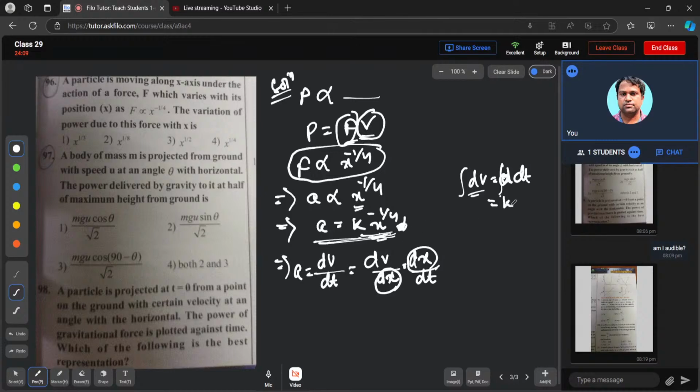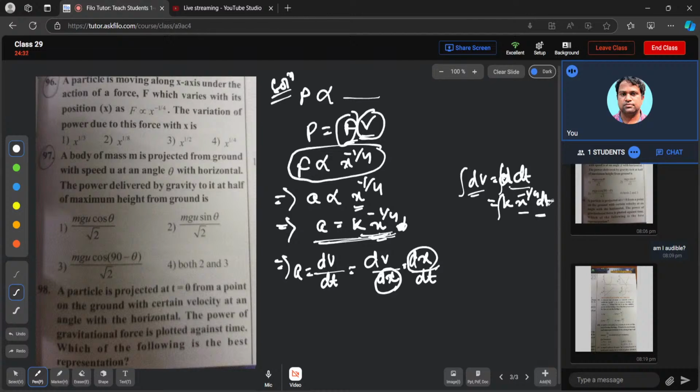We have to integrate. But in the integration of a dt, if I put the value of a, that is k x to the power minus 1 by 4 dt, now x and dt we cannot integrate. k is constant, but x and dt we cannot integrate, right?